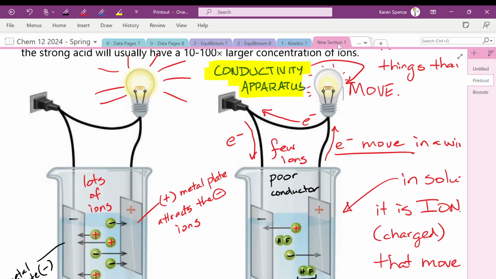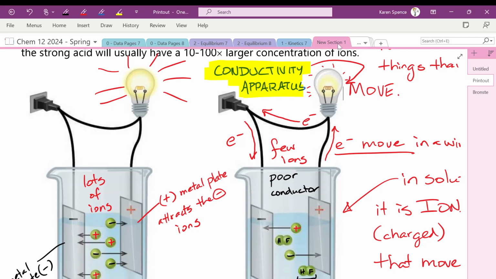Rinsing off again. Where'd my water go? Water. Okay. Now, we're going to see which is more important, concentration or strength. I am going to dilute my acid by a factor of 10. So I started with 1 molar.